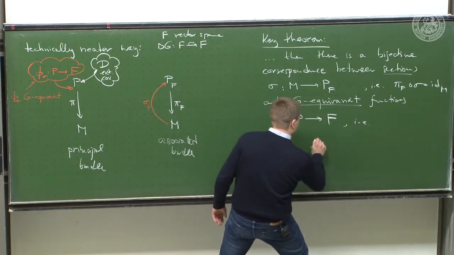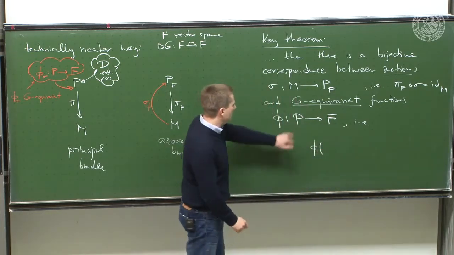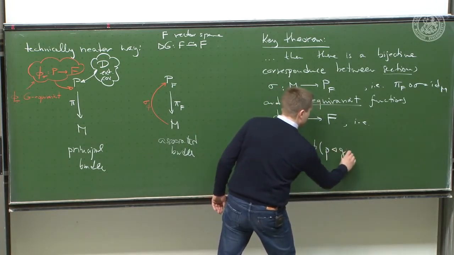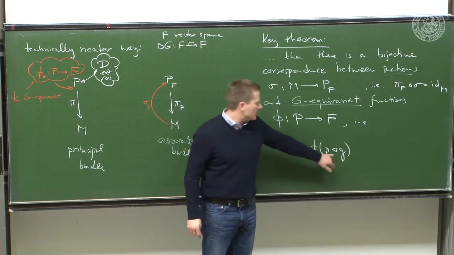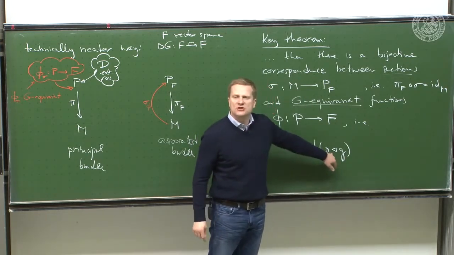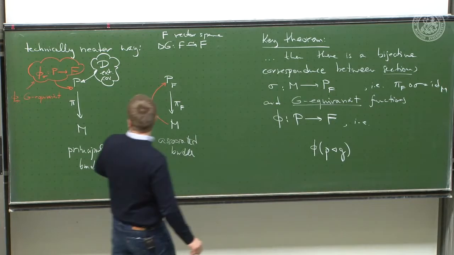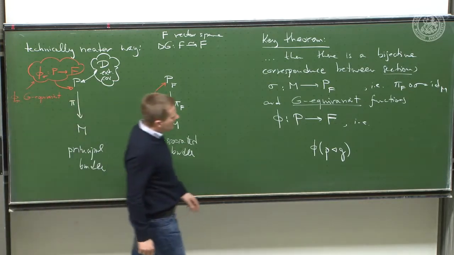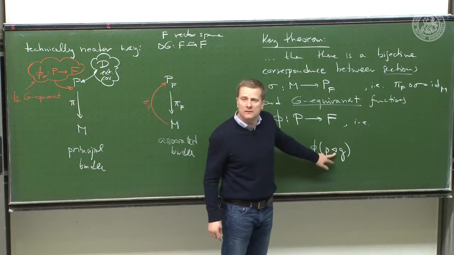So what can you do? You can write down phi, and it has to act on a point P, and on a point we can act from the right, because on an element of the principal bundle, we can act from the right by G. That's the right action. That is, well, here I didn't show it anymore, but that is used or needed in the definition of the principal bundle. Okay.